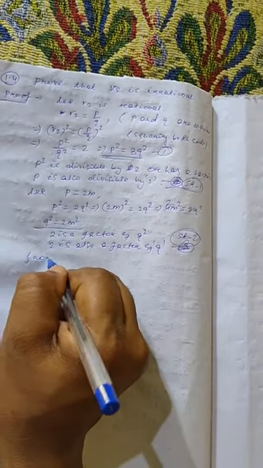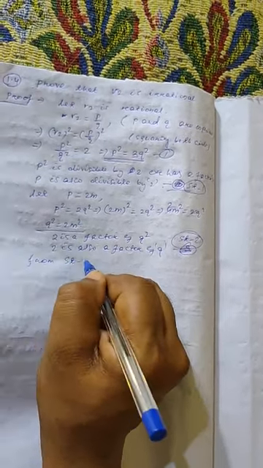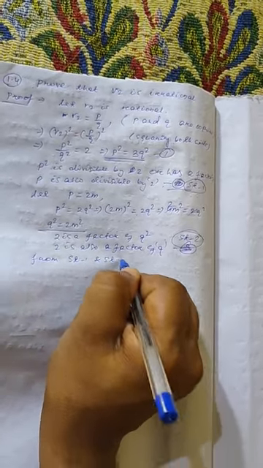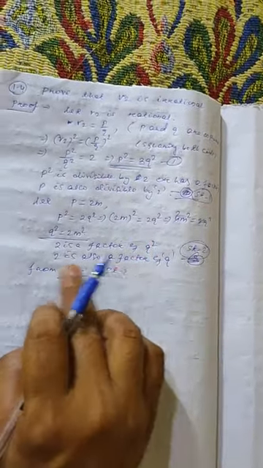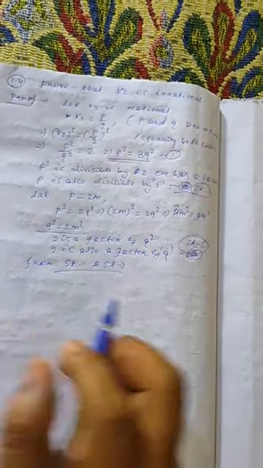From statement 1 and statement 2, p is divisible by 2 and q is also divisible by 2.